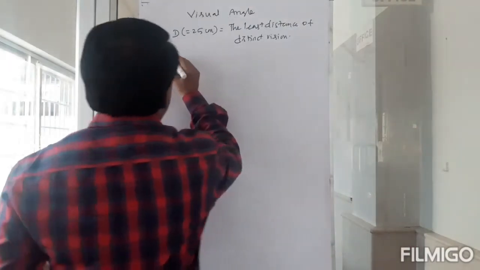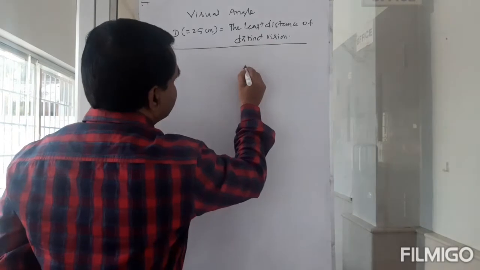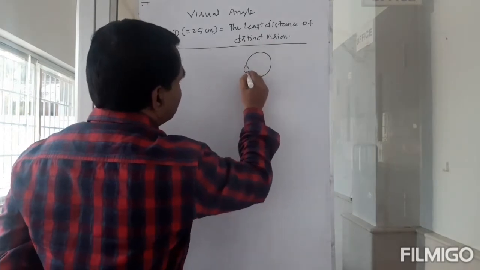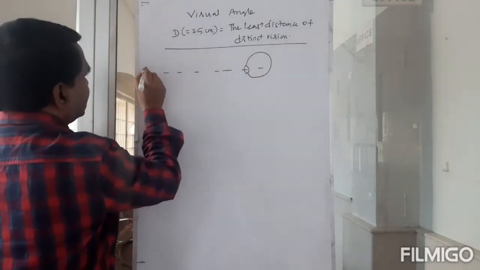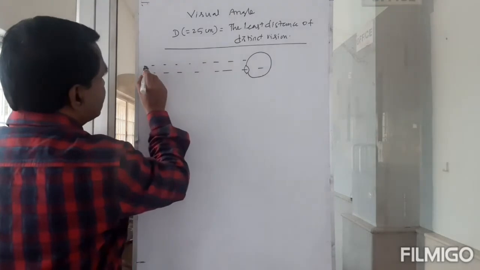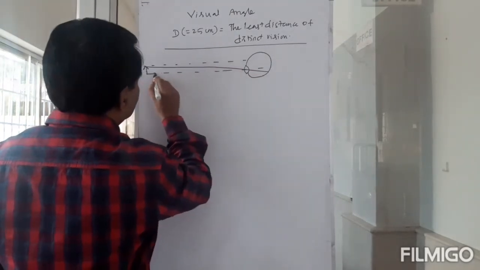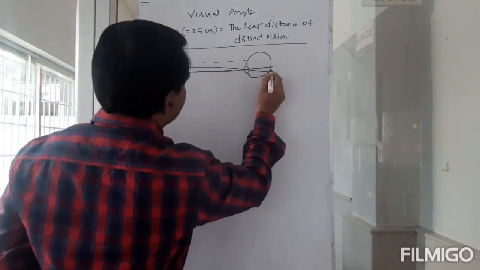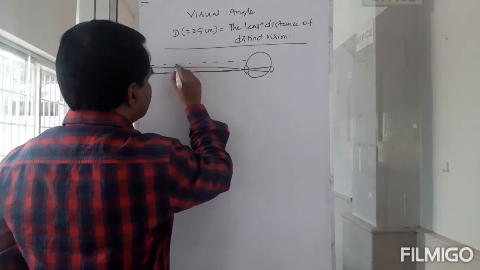So, like this. I have the eye. It's going to make an angle here, as we just saw. This is the angle, and if we bring it closer and closer, the angle is going to change.